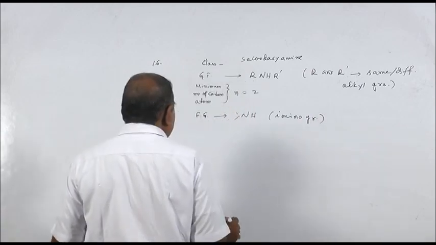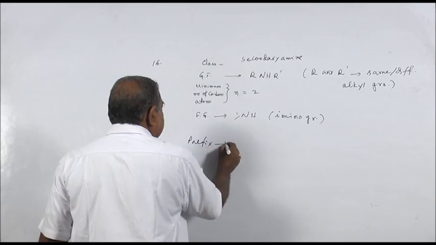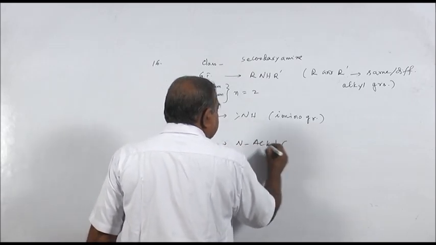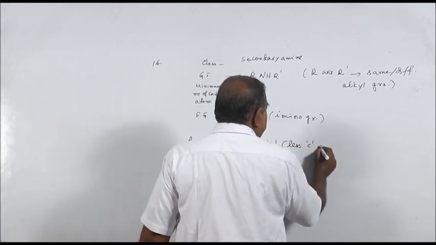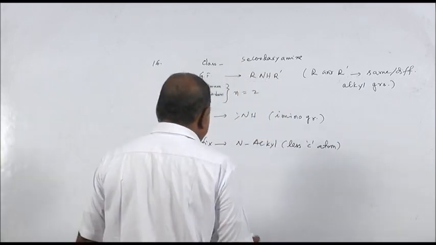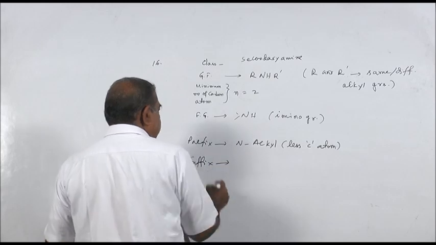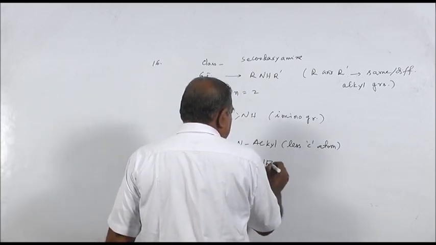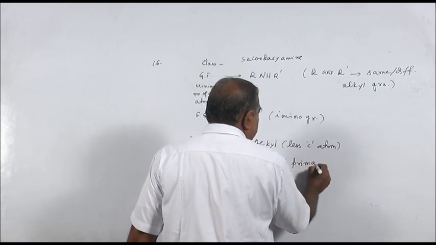Now this compound contains a prefix, that is N-alkyl. Here the alkyl group containing fewer carbon atoms is used. If both sides are the same, it is immaterial. The suffix is the same as that of primary amine.